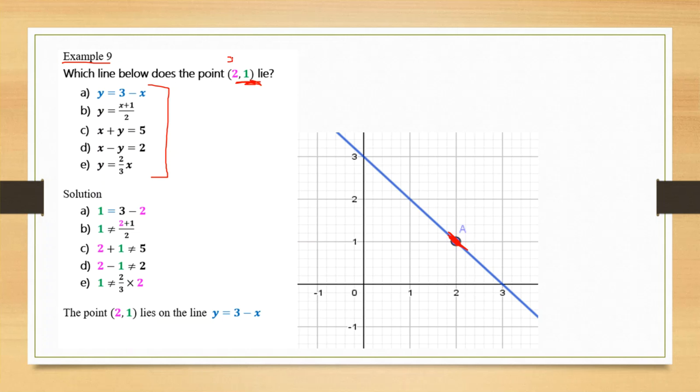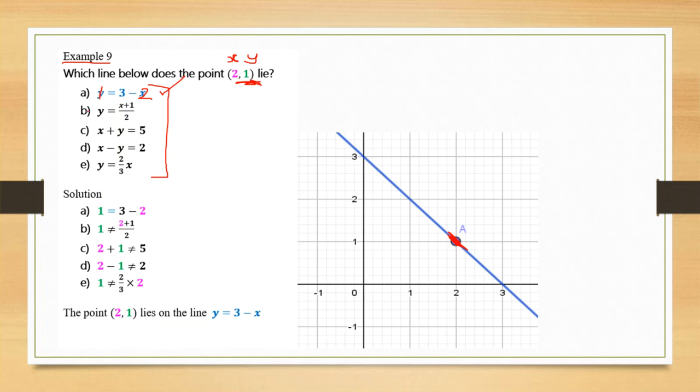So this is our x value. This is our y value. So where we see y, we put in 1. Where we see x, we put in 2. And see if this is true. Is 3 minus 2 equal to 1? Yes, it is. So it lies on that line.